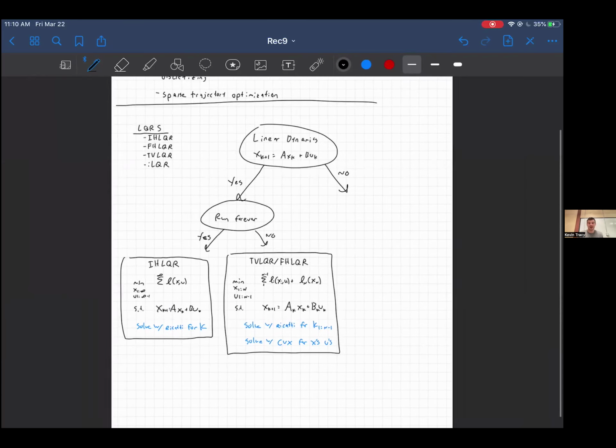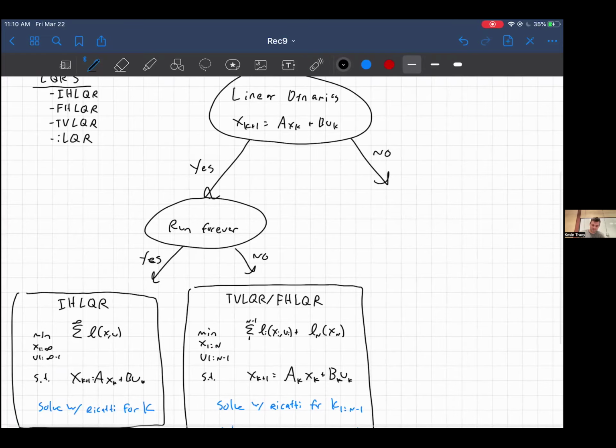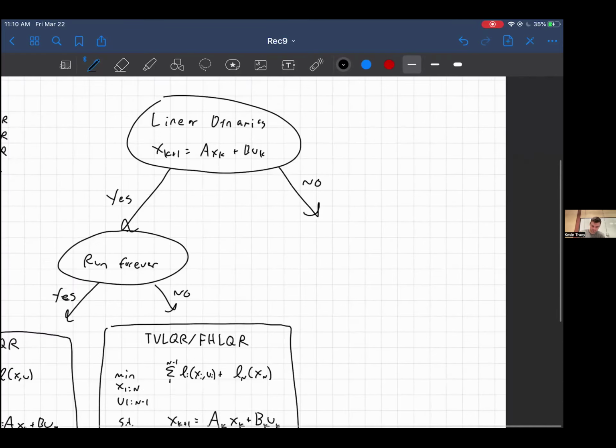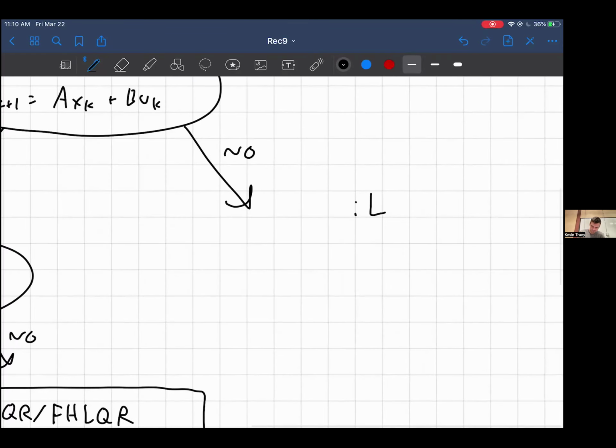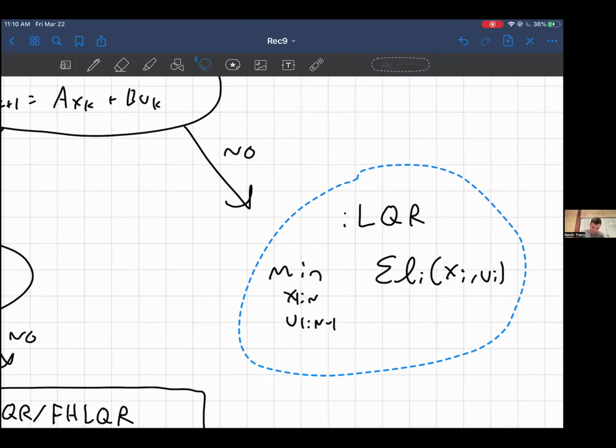And the last thing is that if I have nonlinear dynamics, then I have to use iterative LQR. And this is where I just have a generic min over x 1 to n, then u 1 to n minus 1. Then I have some stage cost, and then some terminal cost.